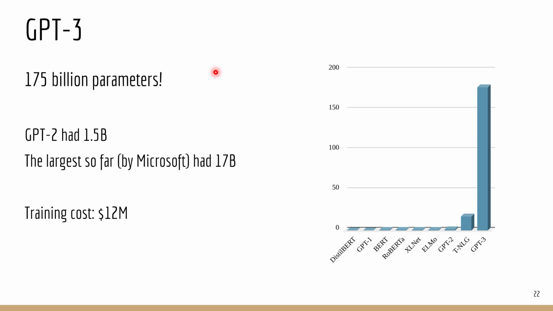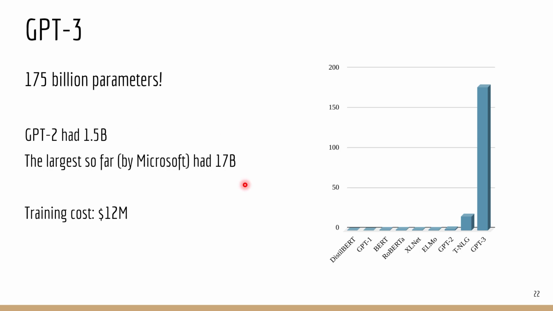The most recent model in the GPT family is GPT-3. And this model is interesting from different perspectives. First of all, the model is really huge. It has about 175 billion parameters. And just to put that in perspective, the earlier model, GPT-2, had just 1.5 billion parameters.